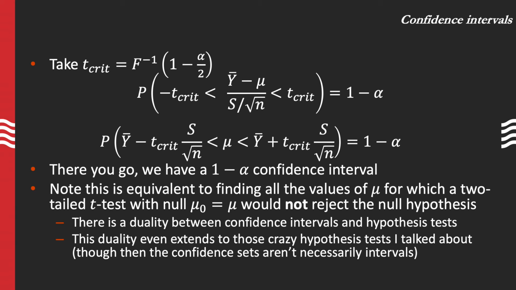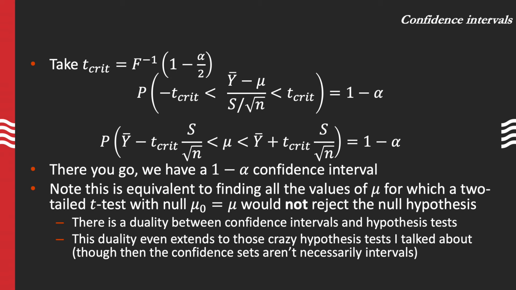So using that pivotal quantity, the t-statistic, we've constructed a 95% confidence interval, or a 1 minus alpha confidence interval more generally. I want to note this is equivalent to finding all of the values of mu for which a two-tailed t-test with null hypothesis mu equal to that value would not reject the null hypothesis. Now that's a tricky statement to unpack, but think of it this way.